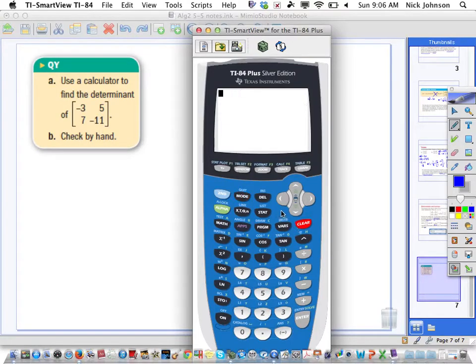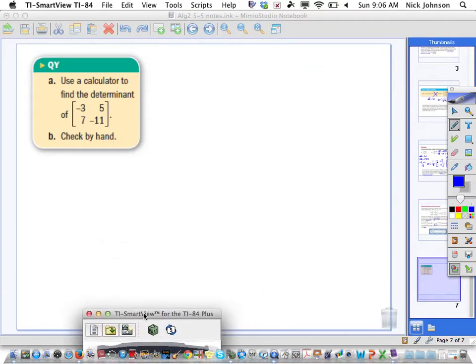Okay. If you go here, second function matrix, and you go to math, notice the DET, that's the determinant. The determinant's going to tell us if it has an inverse or not. So I hit that right there. I hit second function matrix name, which is number 1. I hit enter, and I get out a -2.